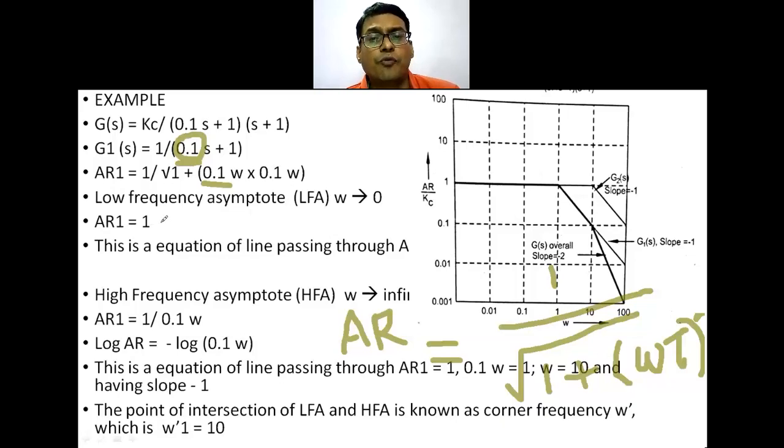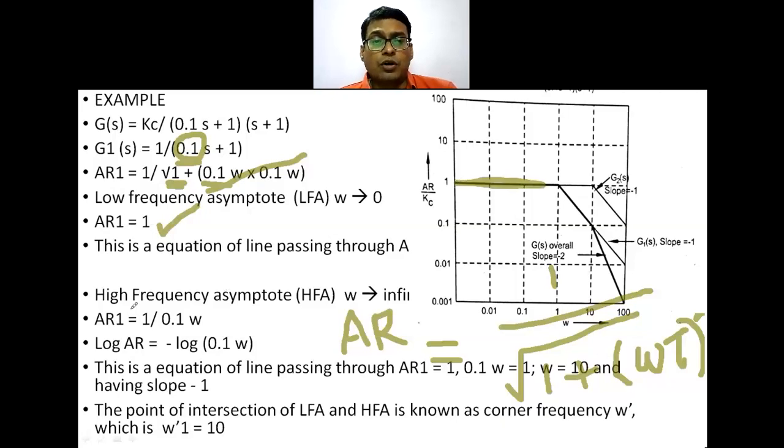Now for the low frequency asymptote, where omega tends towards 0, this value tends to 0, so it will depend only on 1. So the amplitude ratio is 1. This is the equation of the line passing through AR upon Kc equal to 1. So this will be the line for the low frequency asymptote.